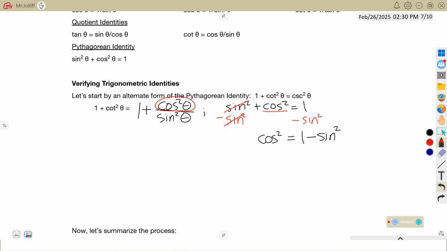So I know that those two things are the same, and I'm going to make that substitution. If cos squared and 1 minus sine squared are the same value, the same number, I can replace one with the other. Make a replacement.